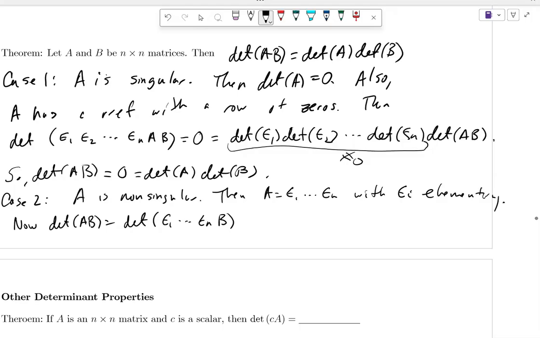That was one of the things that's equivalent to being invertible, right? One of the things in the equivalence theorem is that I can write it as a product of elementary matrices.